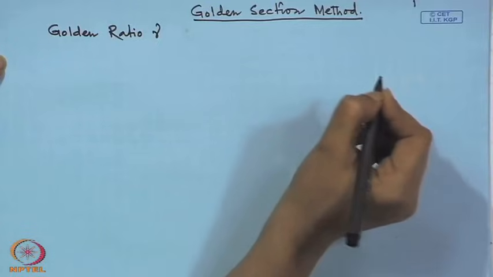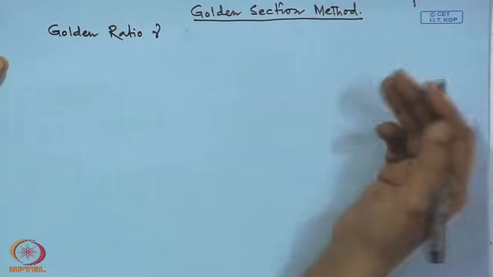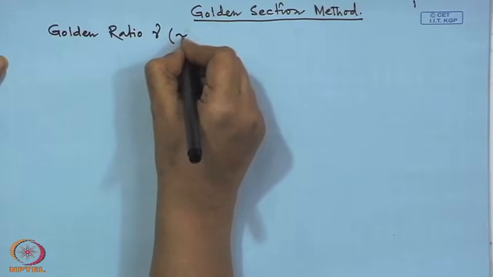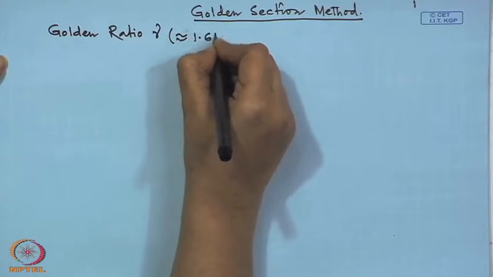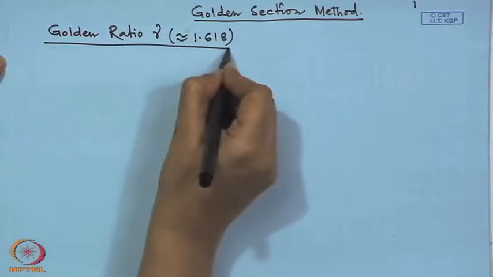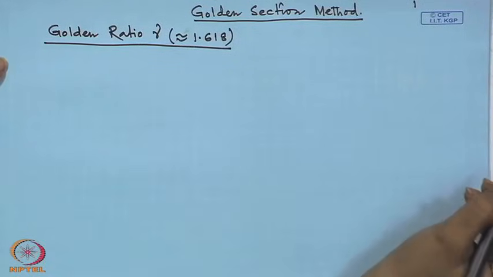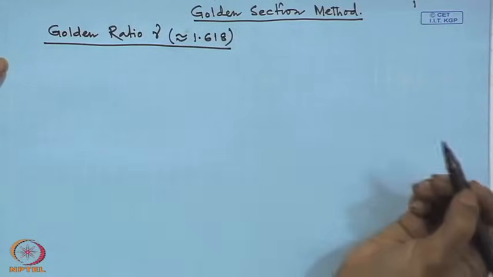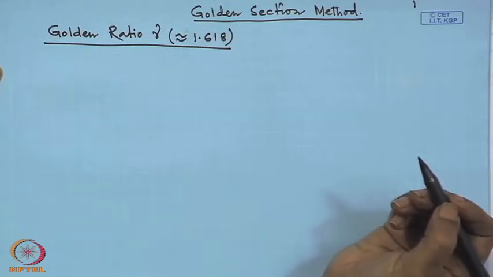First let me tell you the value of this ratio. This value is almost 1.618. I will first say how this value comes. After that we will use this ratio in our iteration process.